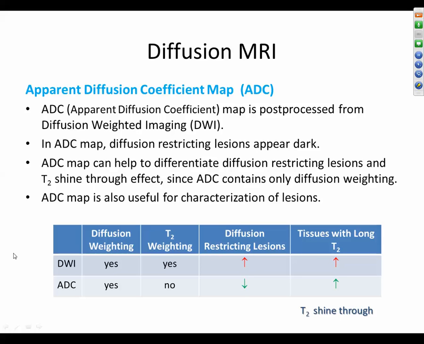We want to detect using DWI. But for those T2 shine-through, it's bright in DWI, and it's also bright in the ADC, while the lesion has a low ADC value, so we can differentiate these two cases using the ADC map.